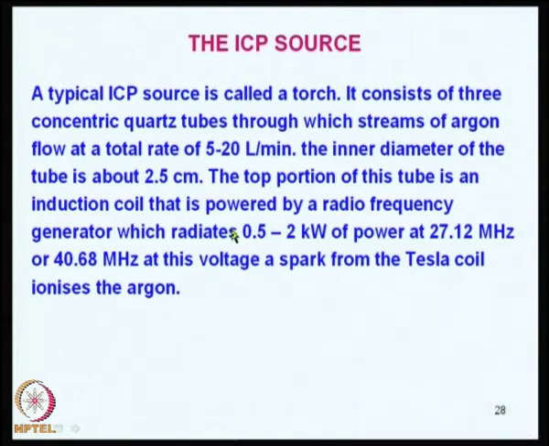and the plasma torch is used to pass the sample into the plasma. It also has to pass the argon. The argon is passed at a rate of 5 to 20 liters per minute. The inner diameter of the tube is about 2.5 centimeters. The top portion of the tube has an induction coil.